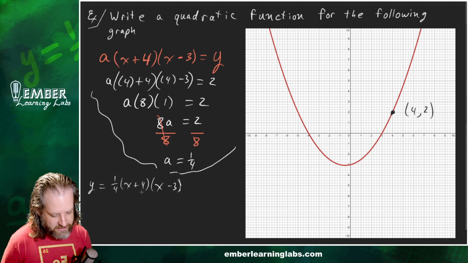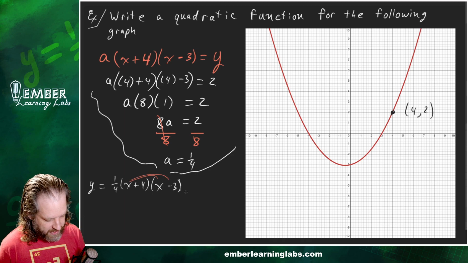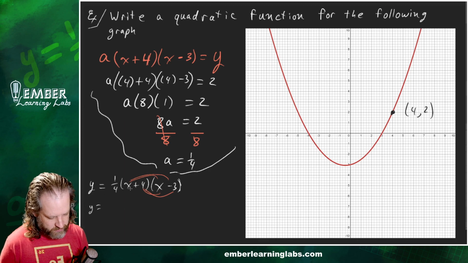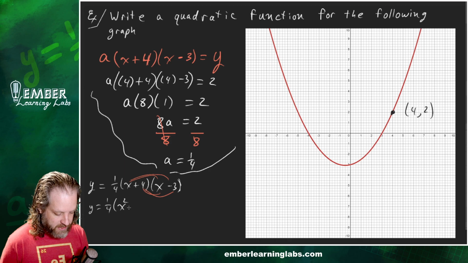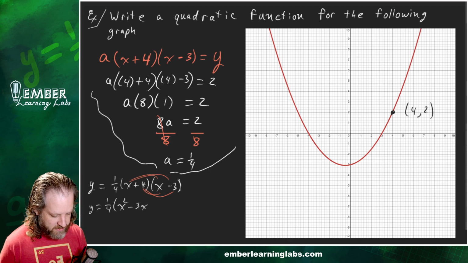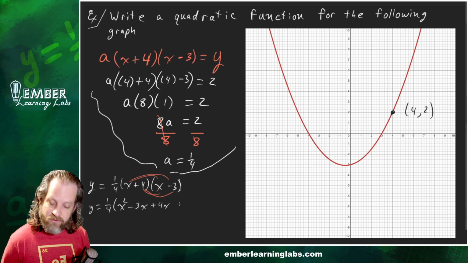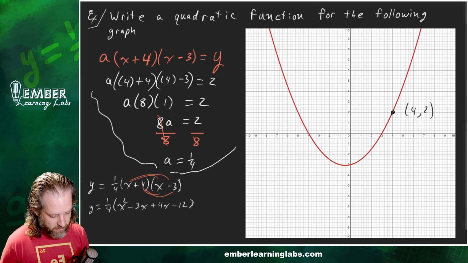So let's do this distributive property right here. X times negative 3, 4 times x, 4 times negative 3. Then we'll take care of the 1/4 after that. So y equals, don't forget to bring down the 1/4, x times x is x squared. X times negative 3 is negative 3x. 4 times x is plus 4x. 4 times negative 3 is negative 12.